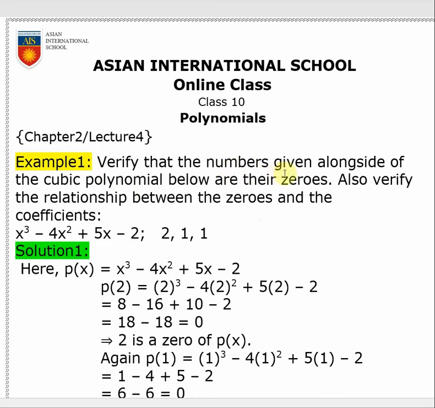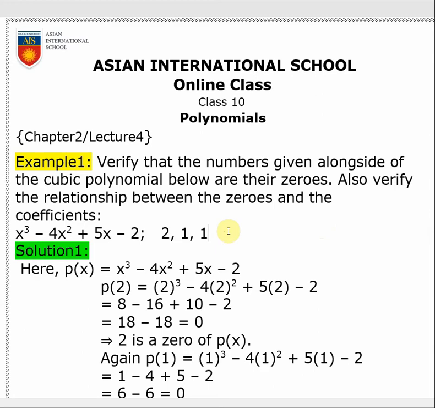Verify that the numbers given alongside the cubic polynomial below are their zeros. Also verify the relationship between the zeros and the coefficients. That means this polynomial x cube minus 4x square plus 5x minus 2, and 2, 1, 1, these three are the zeros, or roots, of the polynomial.